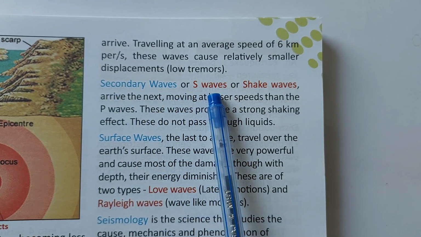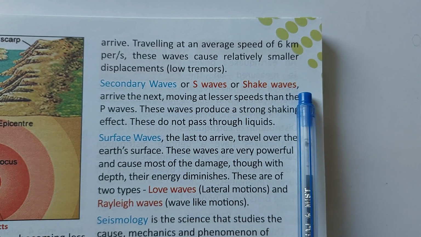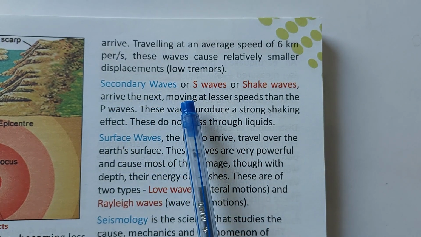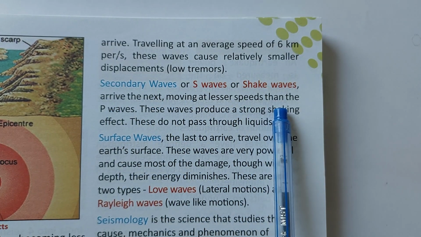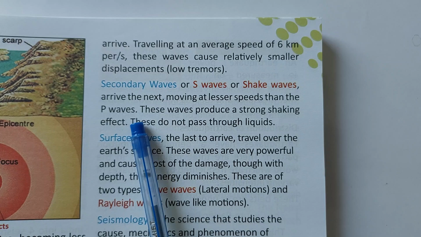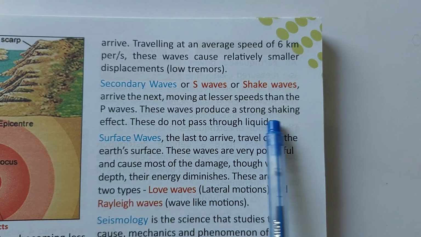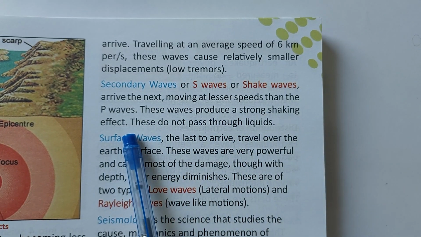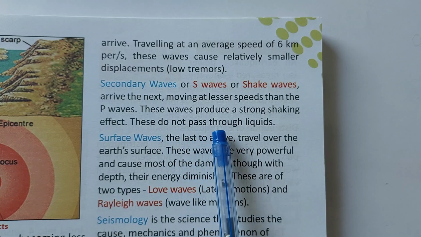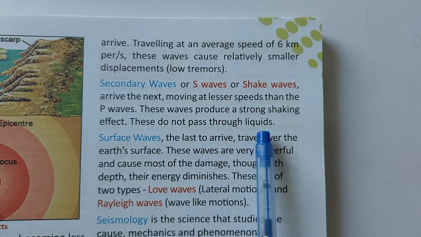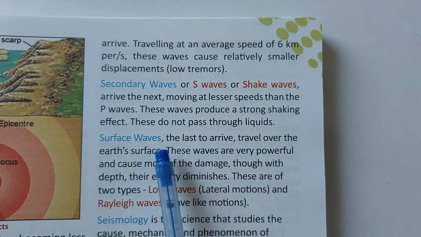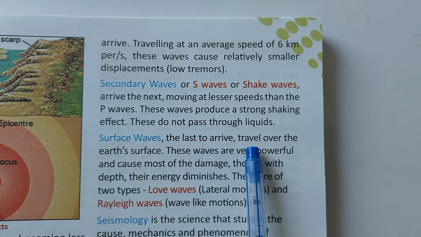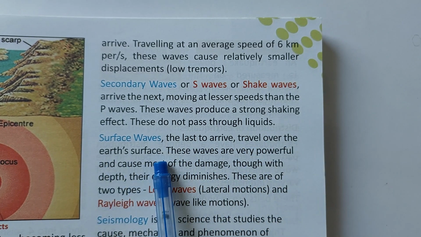Secondary waves, or S waves, or shake waves, arrive next, moving at lesser speeds than the P waves. These waves produce a strong shaking effect. These do not pass through liquids. Surface waves, the last to arrive, travel over the Earth's surface.